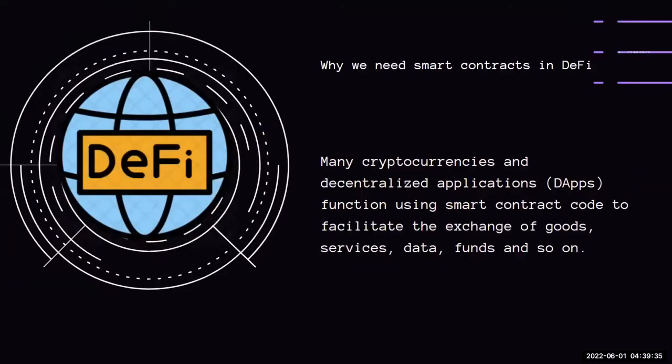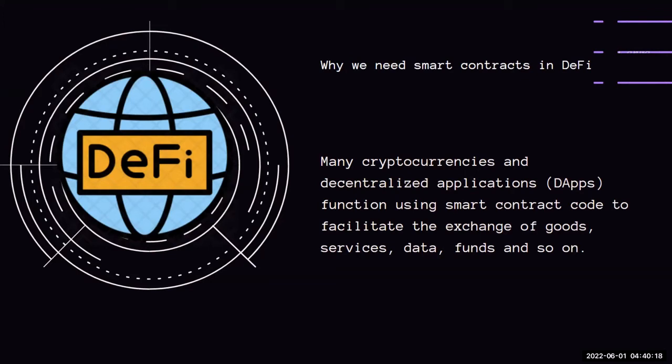Now I will talk about the DeFi examples. For many cryptocurrencies and decentralized applications, the apps function using smart contract code to facilitate the exchange of goods, services, data, funds, and so on. While users of centralized financial institutions such as banks, credit unions, or governments are able to rely on intermediaries to manage the transactions, DApps must use smart contracts to ensure that each transaction is legitimate, transparent, and trusted.